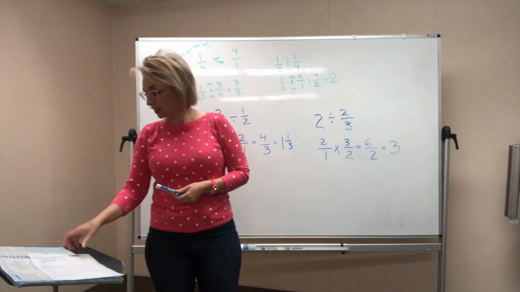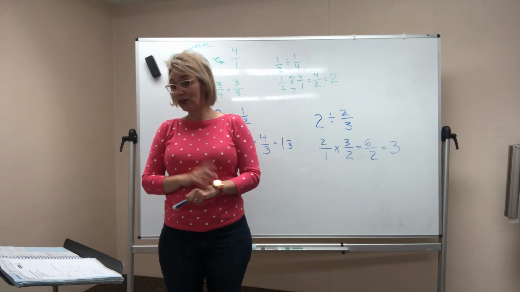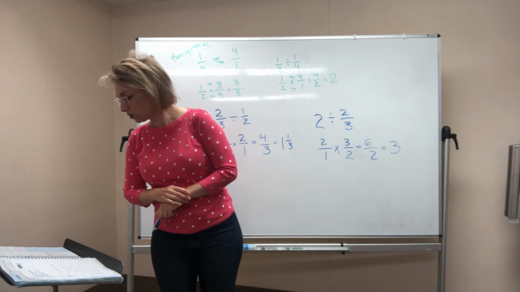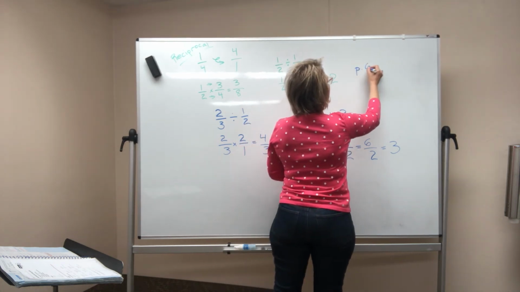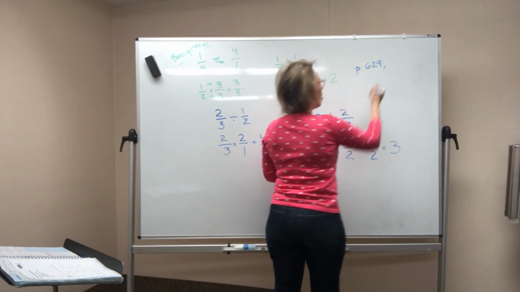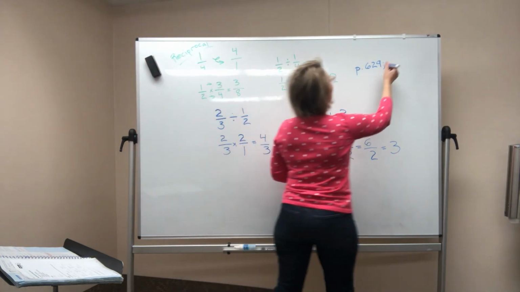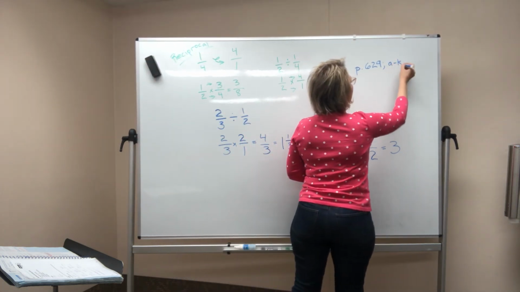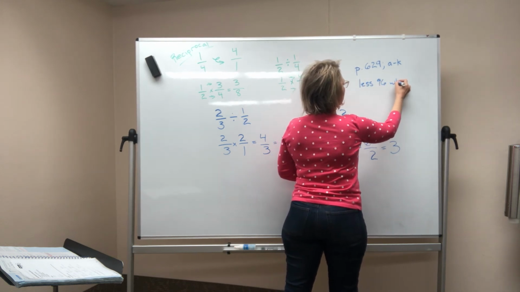Now, your assignment is we're going to keep doing what we've been doing this last week. Lesson practice and worksheet. So you're going to do page 629, and you're doing all of the lesson practice. So that means A through K. And then you're doing the lesson 96 worksheet.